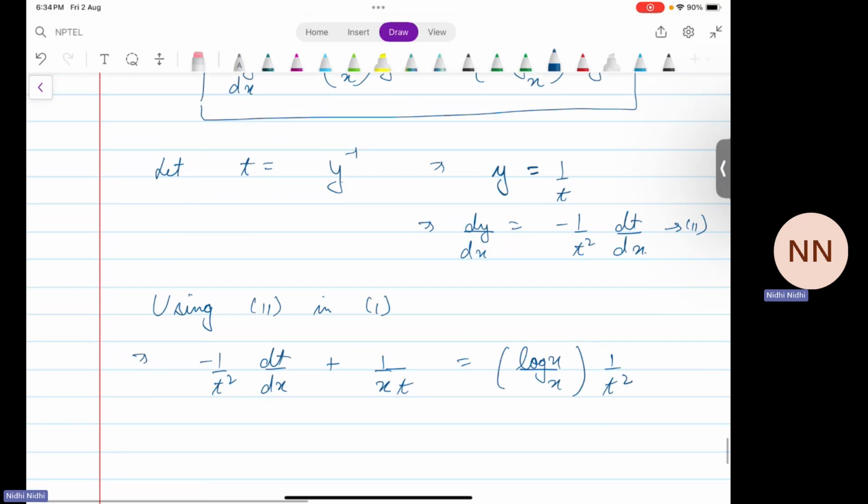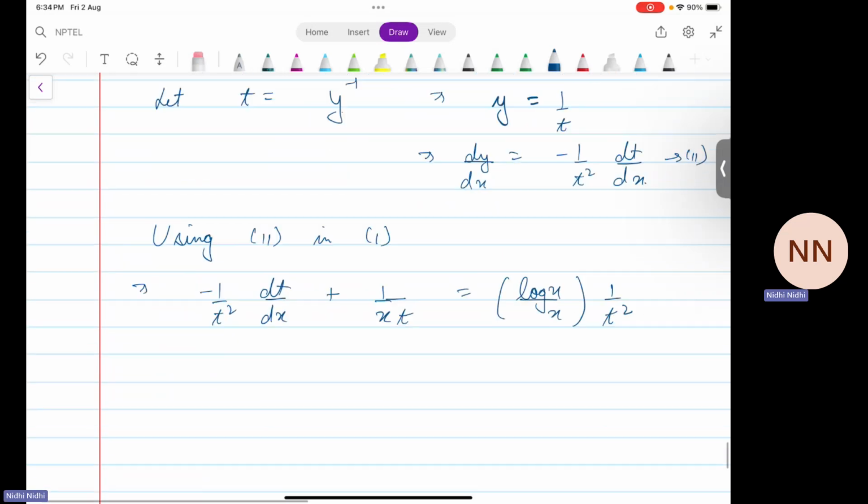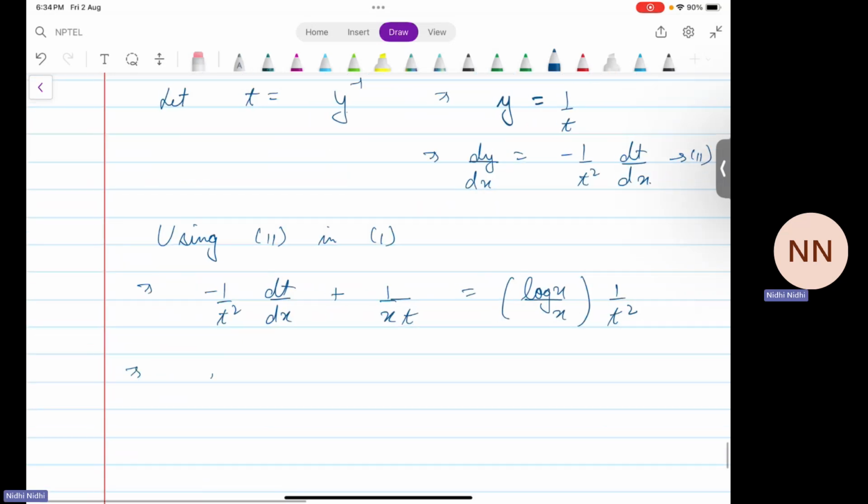Now multiplying both the sides by -t², we get dt/dx - t/x = -log x / x.